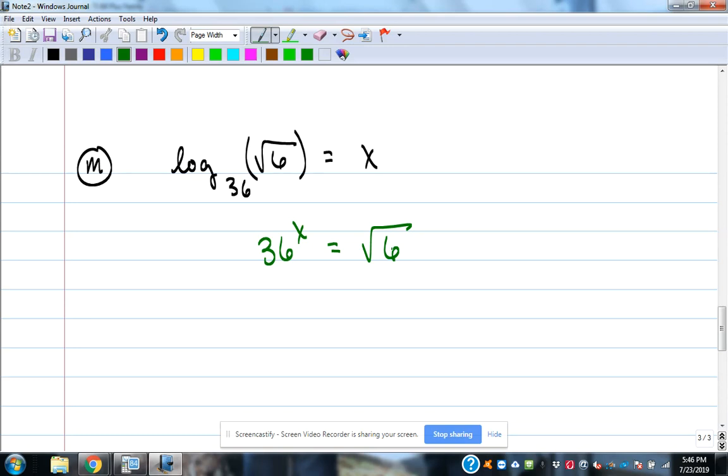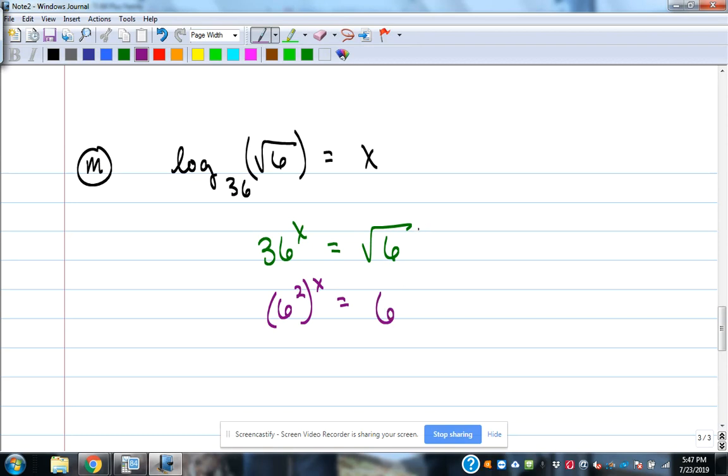Now, here's where what we talked about before break, rewriting with the same base, could help us solve this equation. What do I know about 36 in relation to 6? It's actually 6 squared. And this goes back to last week with the rational exponents. 6 under a square root is also 6 to what power?